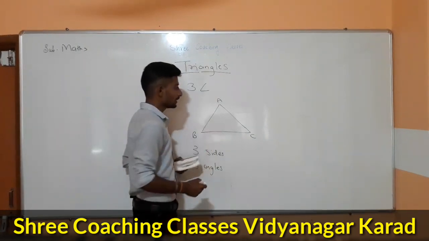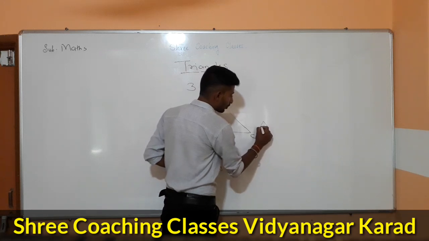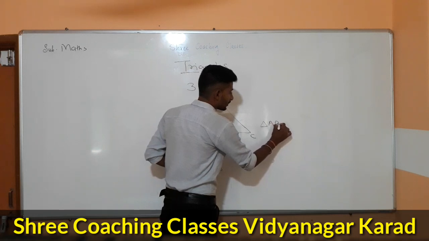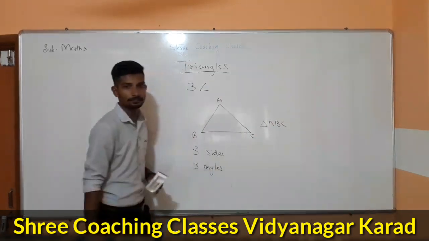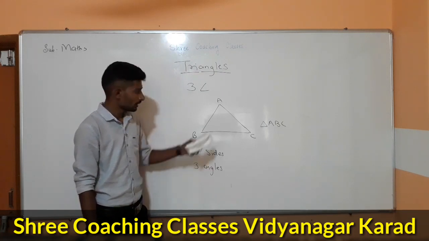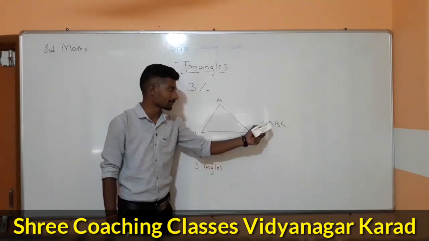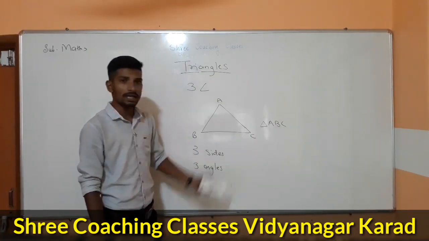How will you write the name of a triangle? Draw a small triangle and in front of that write the triangle's name, that is A, B and C. Here we have seen how to write the name of the triangle, triangle ABC. Then what are the sides?